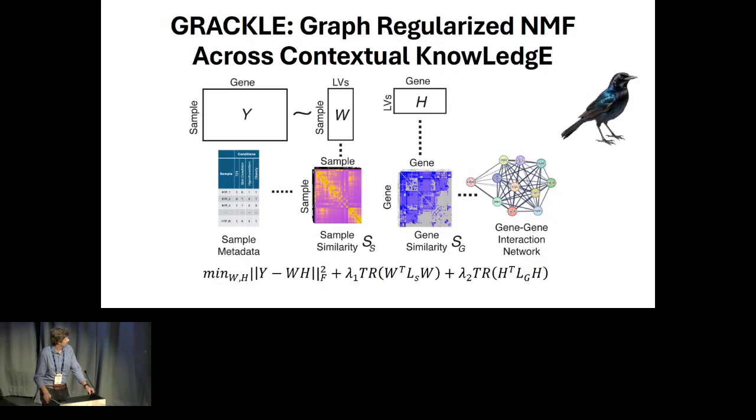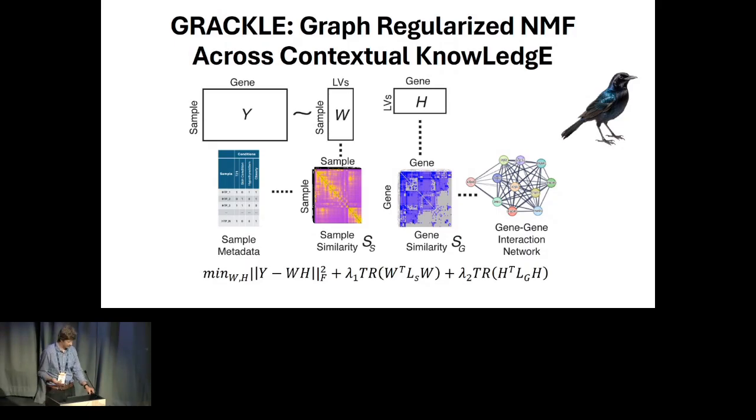And what this does is it ensures that the latent variables of samples that have a more similar clinical profile have more similar latent representations, and the same for genes. And furthermore, we can parameterize this loss function using lambda1 and lambda2 to control the amount of regularization that we perform based on the sample or gene similarity.